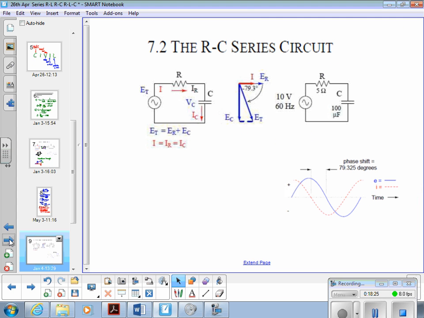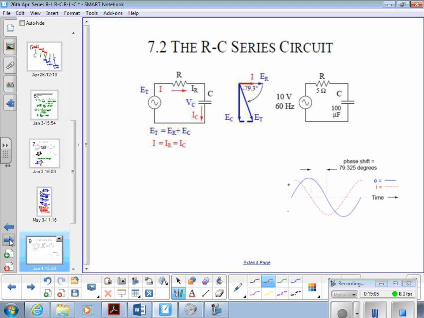So, moving on yet again. The RC series circuit. In this circuit, again we're applying the fact that the current is common to both. So we put that as an in-phase component, and it's in phase with the resistor voltage. Then we've applied the capacitor voltage being 90 degrees behind the current.